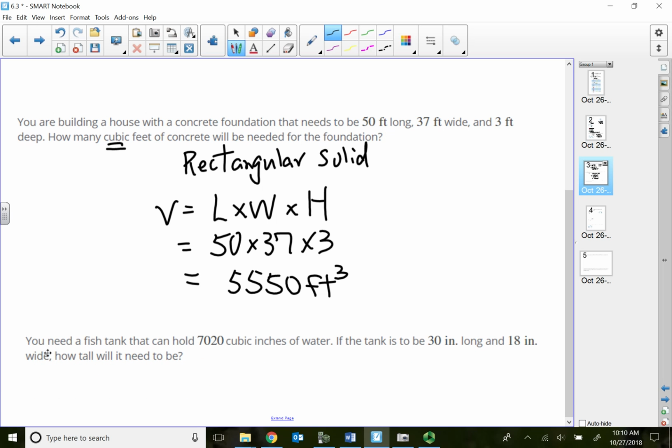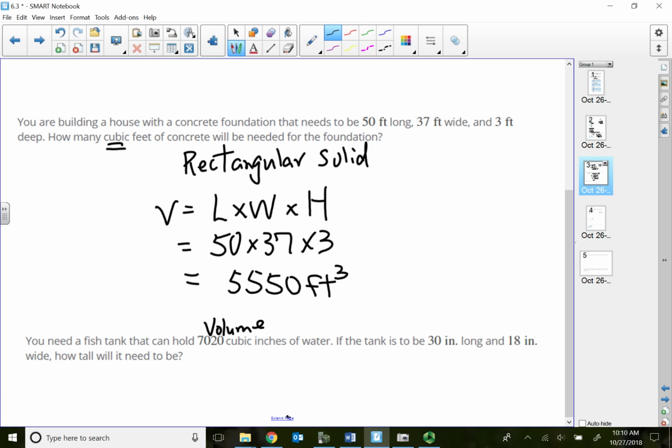You need a fish tank that can hold 7,020 cubic inches of water. If my tank can hold 7,020 cubic inches of water, that means this 7,020 must be my volume already. If the tank is to be 30 inches long and 18 inches wide, how tall would it be?